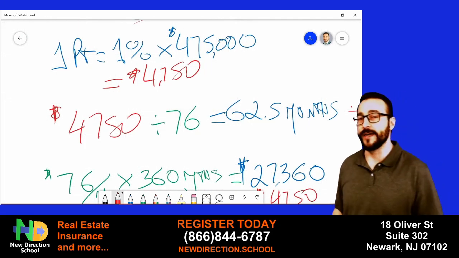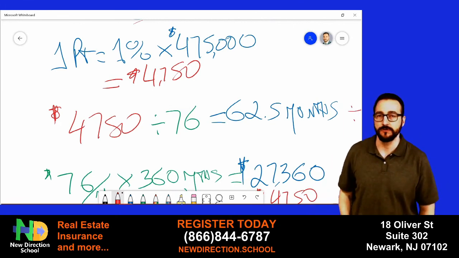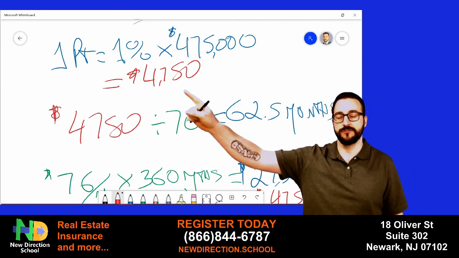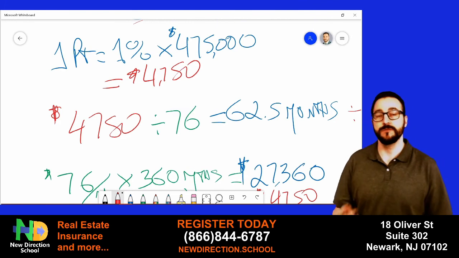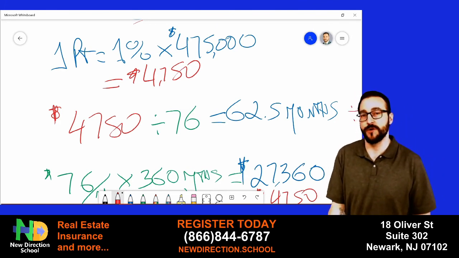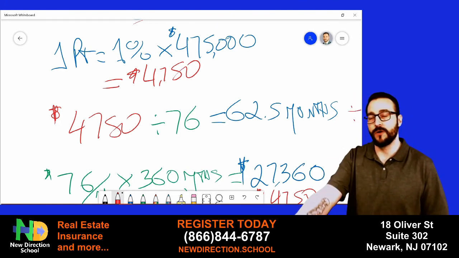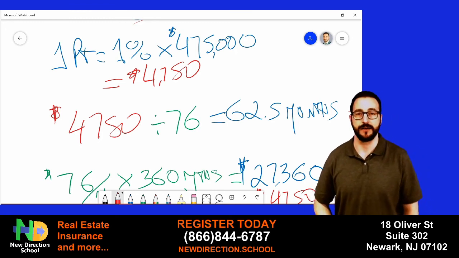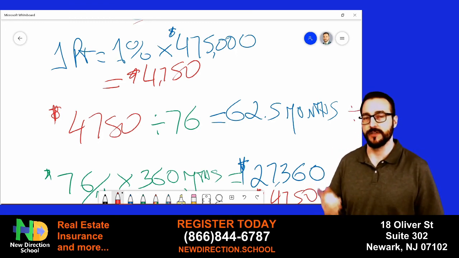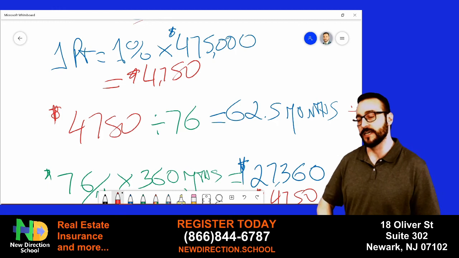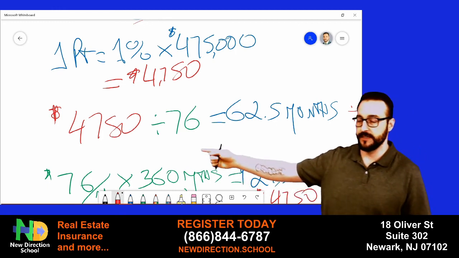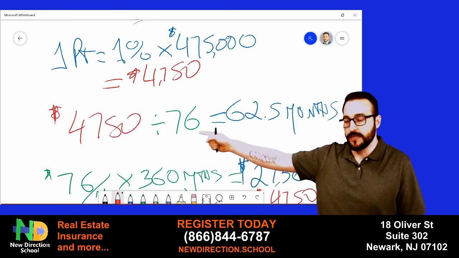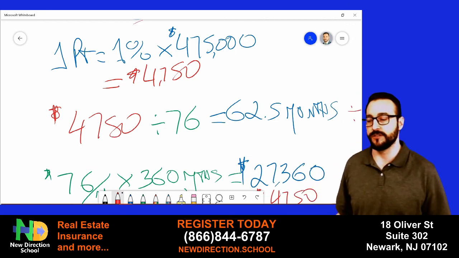The 1 point, which equals 1% of the loan, is $4,750. And this could be a school exam question or a state exam question. So you need to know how soon you can get your money back. It's not about whether it's worth it in the exam, but how soon. And this is an exact question, right? So how do we figure it out? Well, I prepaid 4,750.